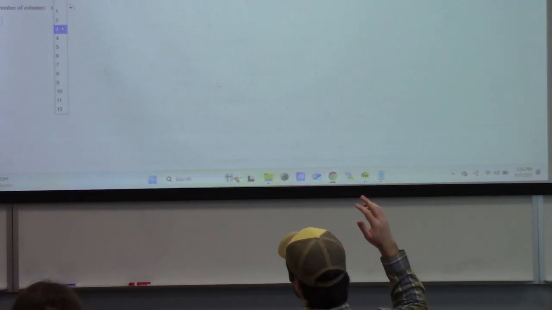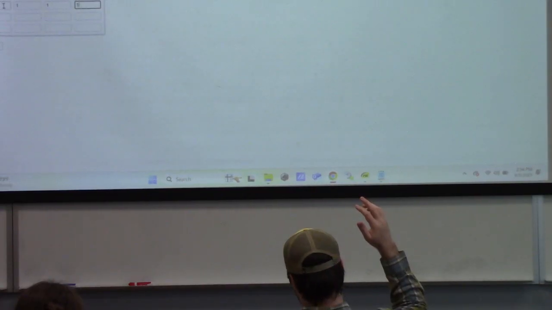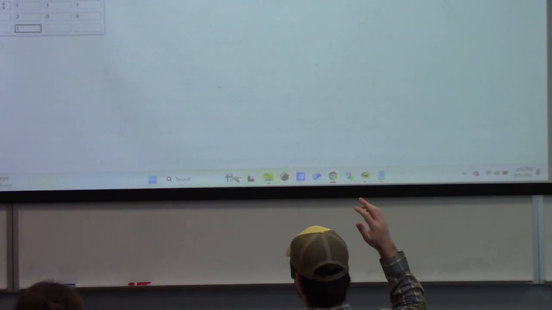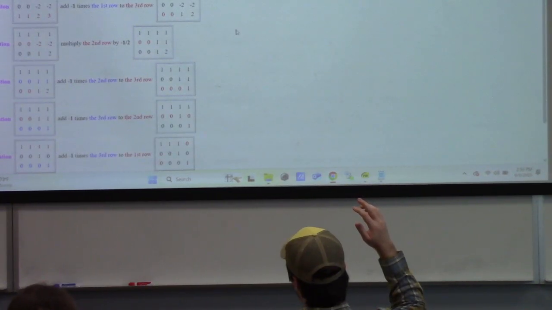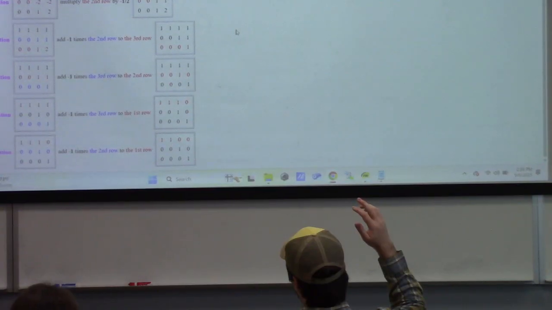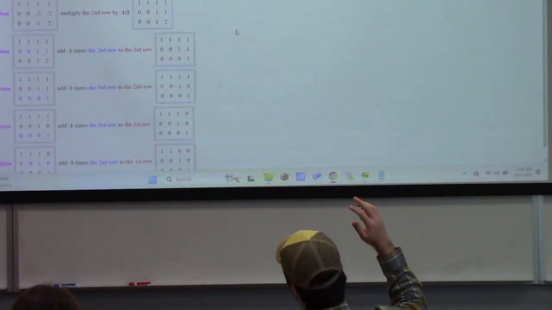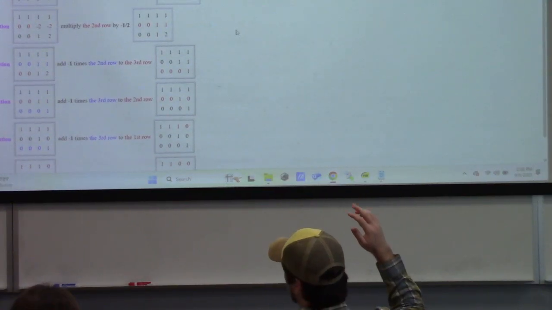I can't do 3x4, right? And here we go. Please don't be, all right, is there any permutation in here? I see no permutations. I think we're, yeah.